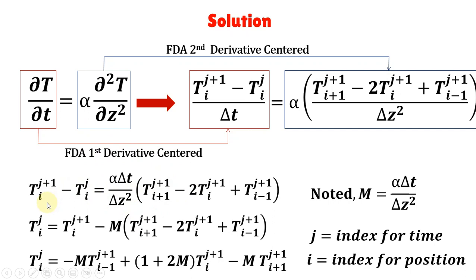We do algebraic manipulation for this form, and the final form we find is this equation: minus M times T subscript I superscript G equals minus M. Minus M is the coefficient we will fill in the A matrix, and 1 plus 2M is the coefficient we will fill in the A matrix, and minus M again for the other coefficient.